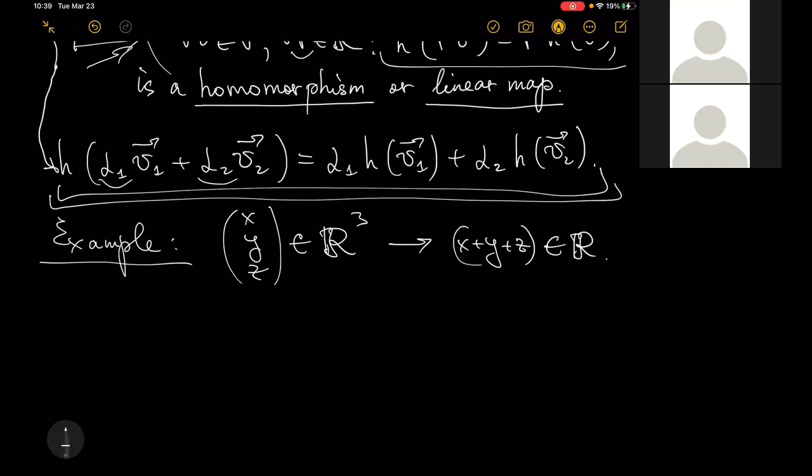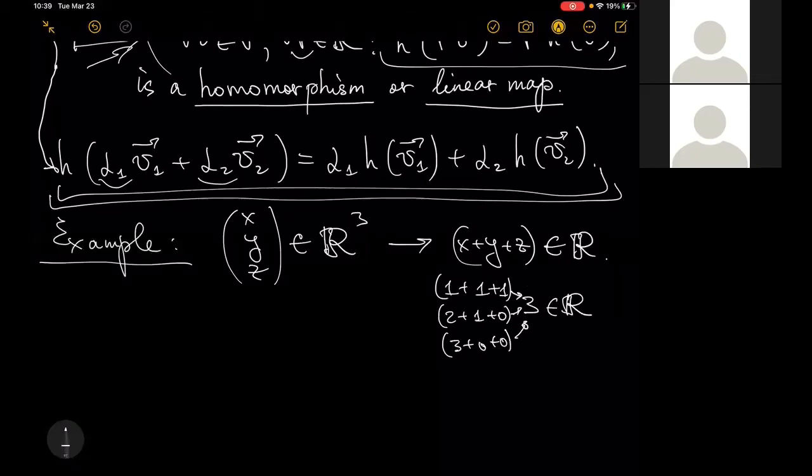Obviously, this is not a one-to-one map, right? Because, for example, if I consider the real number 3, how can I make it? I can make it as 1 plus 1 plus 1, or I can make it as 2 plus 1 plus 0, or I can make it as 3 plus 0 plus 0. And really, I can do this in infinitely many ways, right?